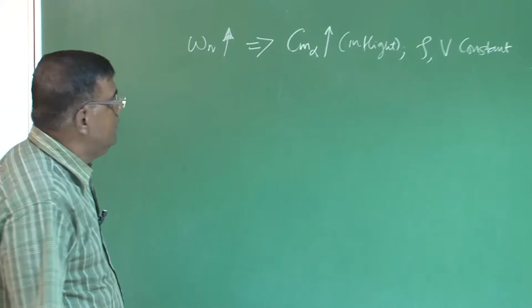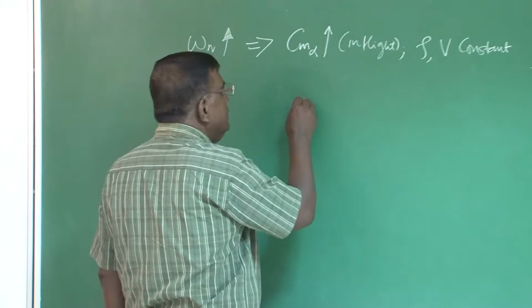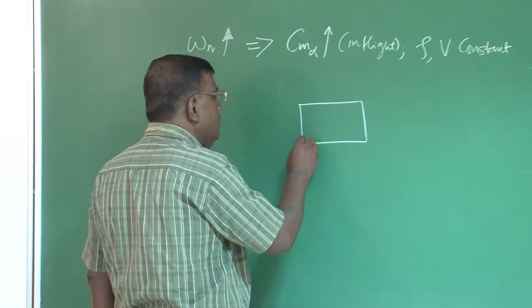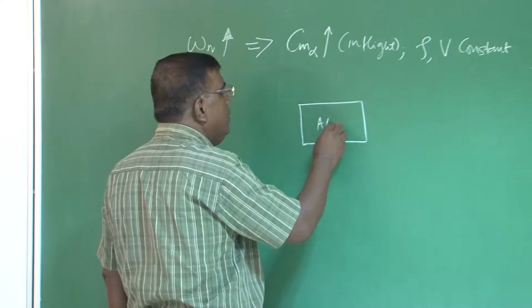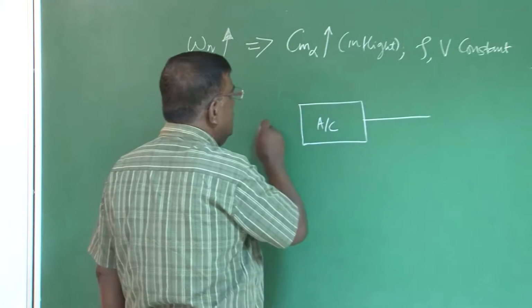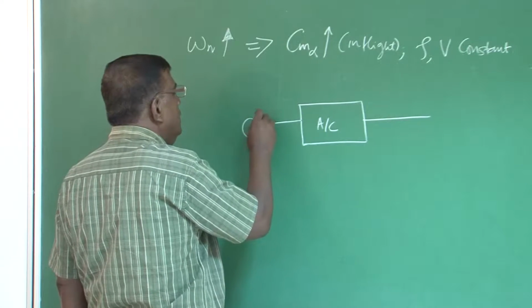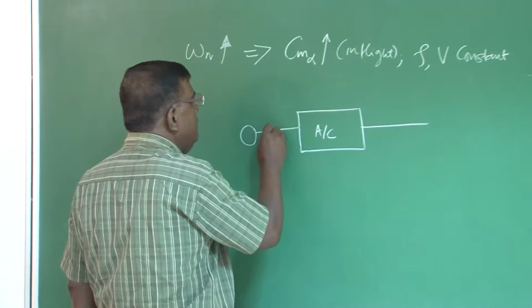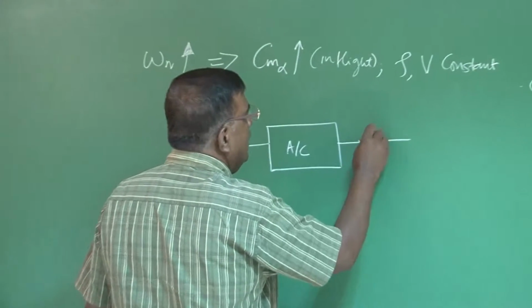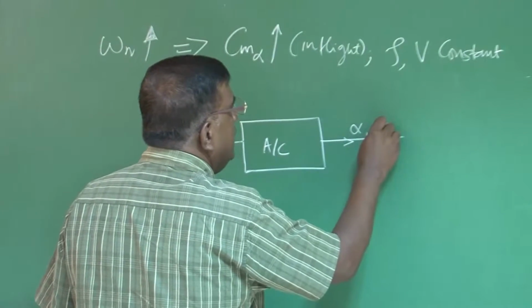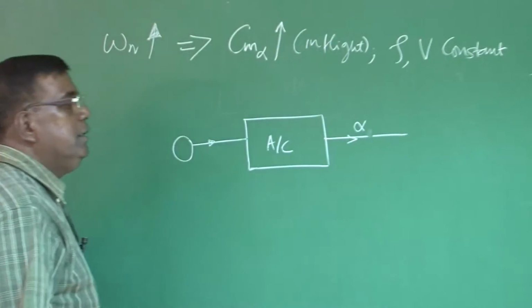In flight. So let us say the approach is simple. This basic understanding should be clear. This is the aircraft model, and here there is an elevator input going here, and here I am getting the output as alpha, angle of attack.